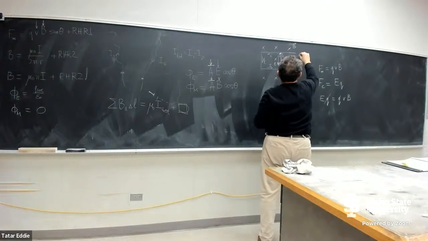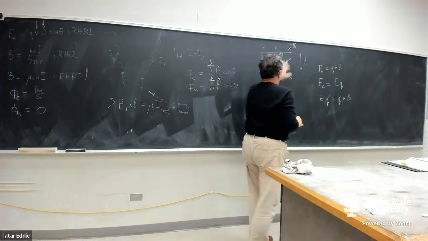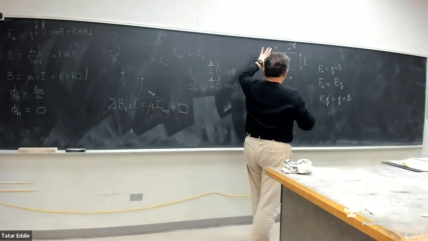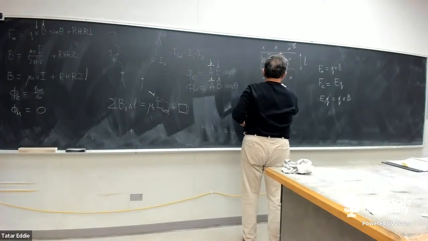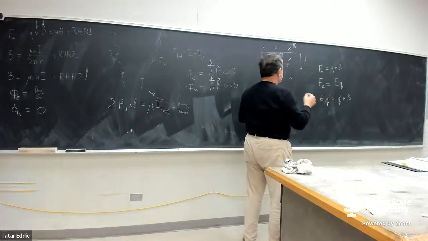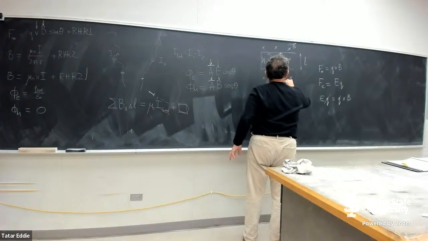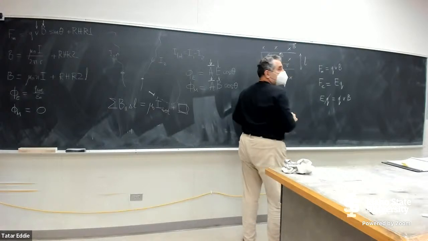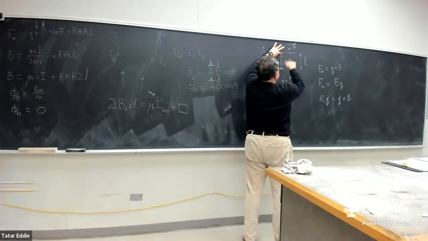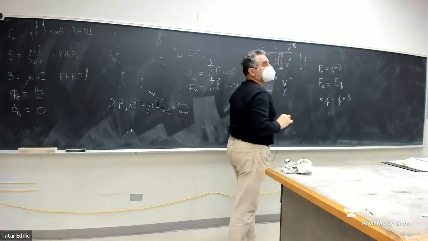If those two points are separated by the length L, the length of the wire, then the electric field is equal to the voltage difference, which I'll write just as V, even though it is bad style, it is easier, divided by the distance L. That is the magnitude of the electric field.